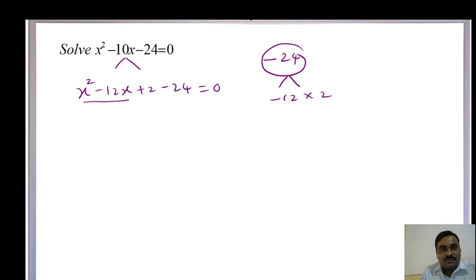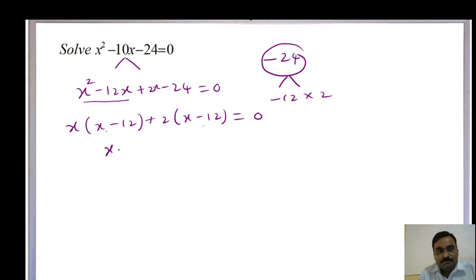In the first two terms, taking x as common, x minus 12, and in the next two terms, 2 is common, so x minus 12 is equal to 0. So x minus 12 is common. The remaining is x plus 2 is equal to 0.